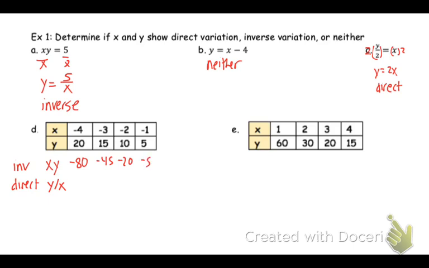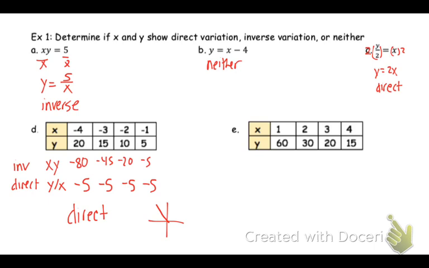If I do y divided by x, though, every time I get the same value. So this table does represent a direct variation with x and y. If you were to plot those points on a graph as well, that could help you. You could see that it is just a straight line that goes through the origin.